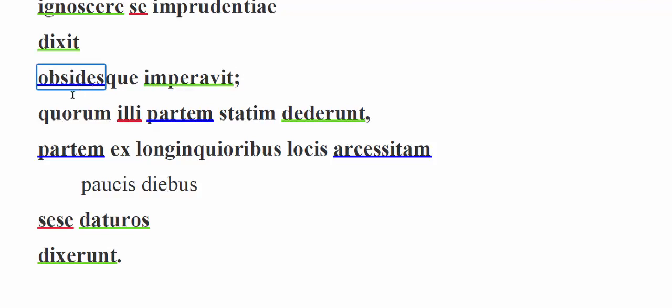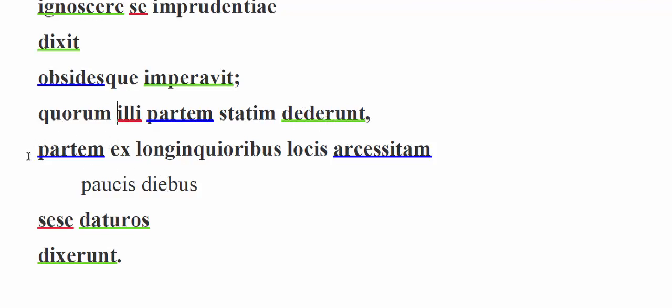All right, as you do. Concerning these hostages, this quorum is looking at the obsides. They, the Barbary once again, some of them, so this is partem quorum, some of the hostages the Barbary statim, immediately surrendered or gave.